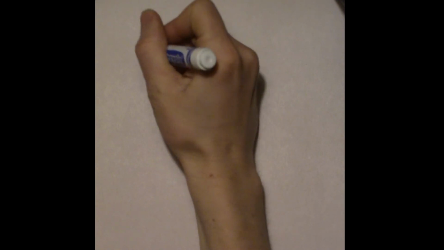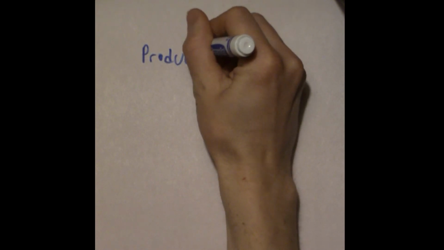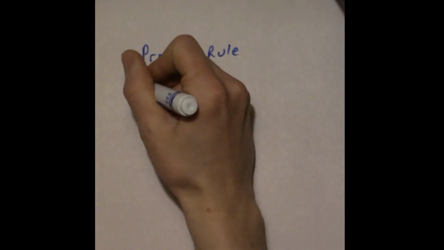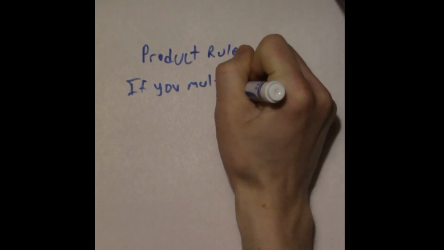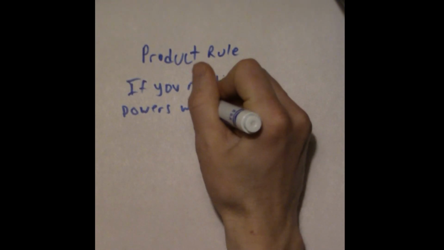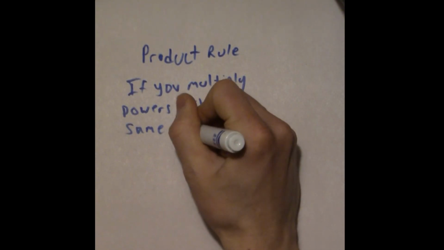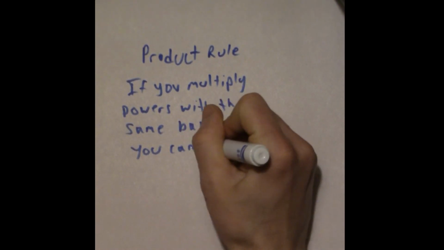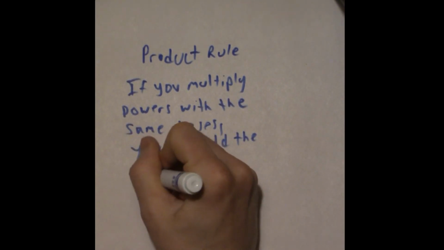So the product rule of powers, so the power product rule says that if you multiply powers with the same bases, you can add the exponents.